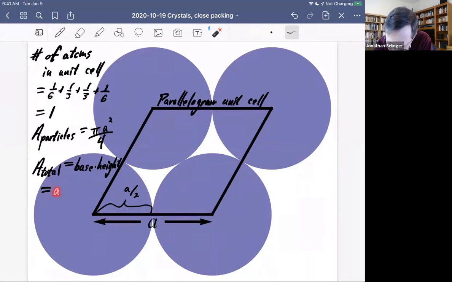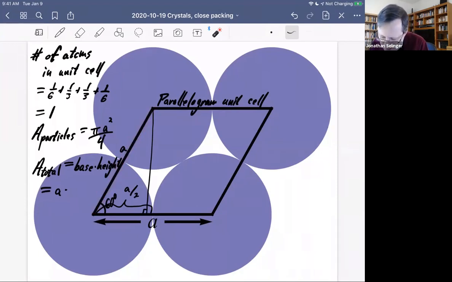Okay. So the base is A. The height, that is this thing. Okay, so this angle is 60 degrees. So this hypotenuse is A, because this length is the same as this length. Okay.